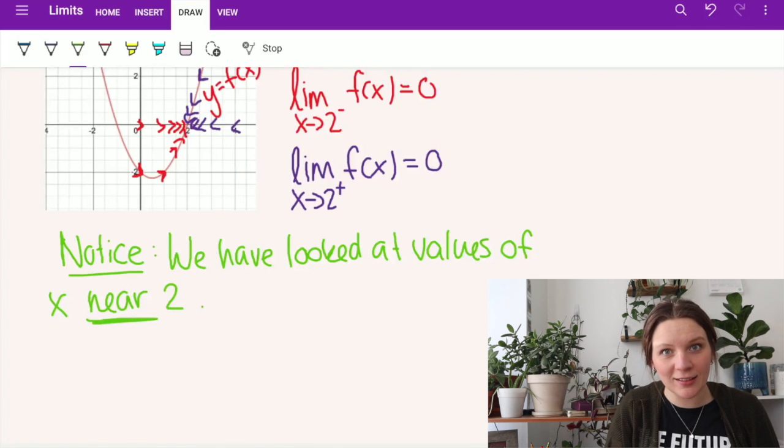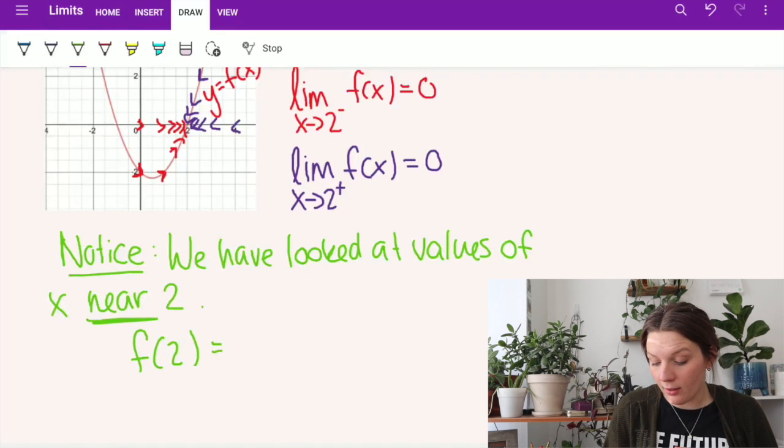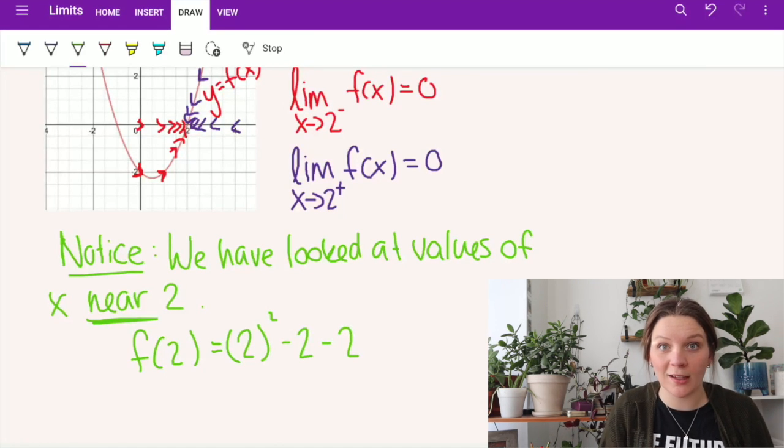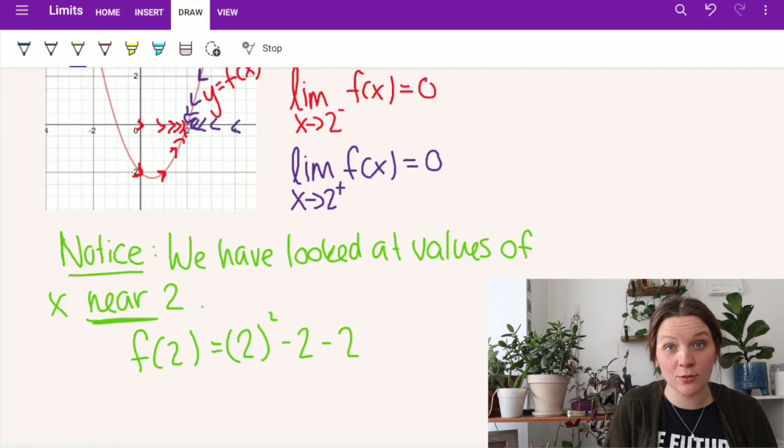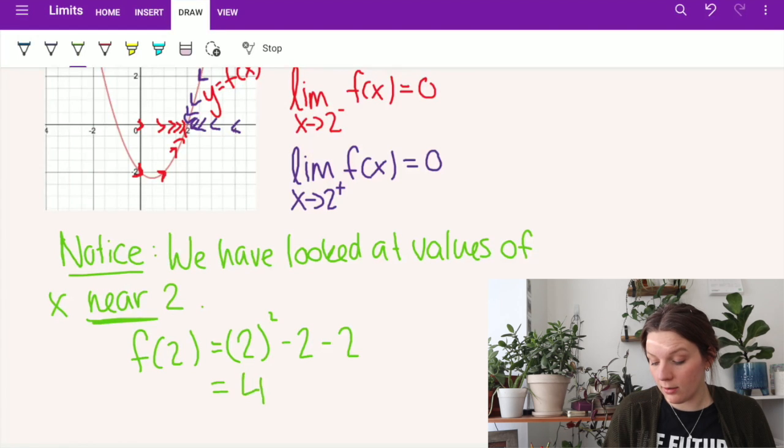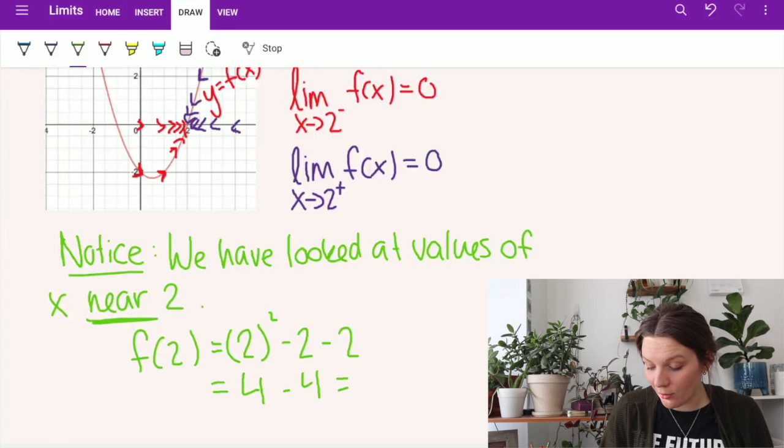But one thing we notice here, if I plug in x is equal to 2, I'll have 2 squared minus 2 because my function was x squared minus x minus 2. And that gives me 4 minus 4, which is 0, which is actually what our limit was.